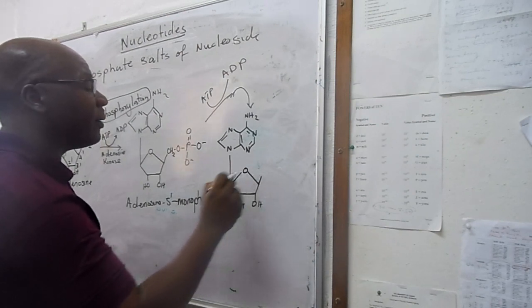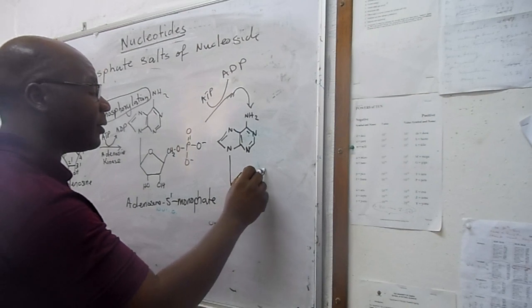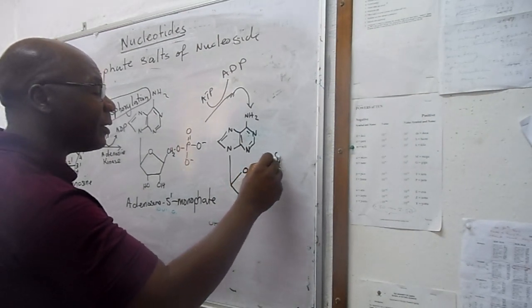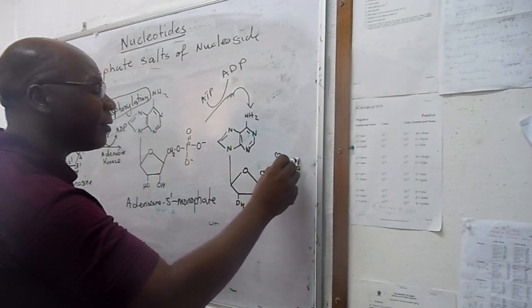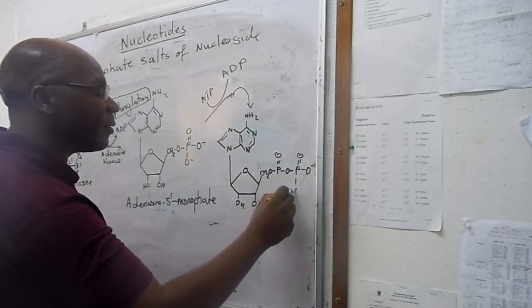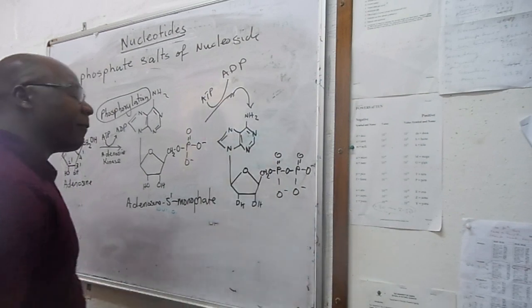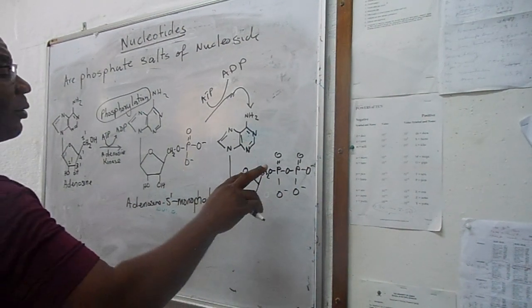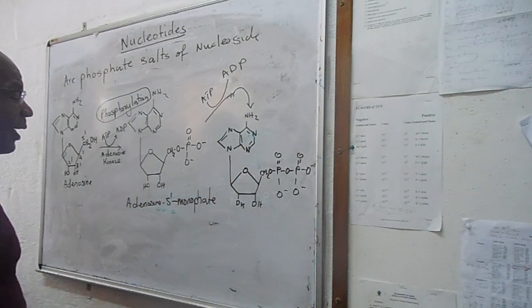CH2. So we have added another phosphate. Okay, so that is a structure that you have formed. Two phosphates have been added.